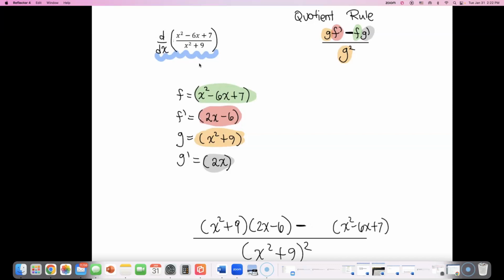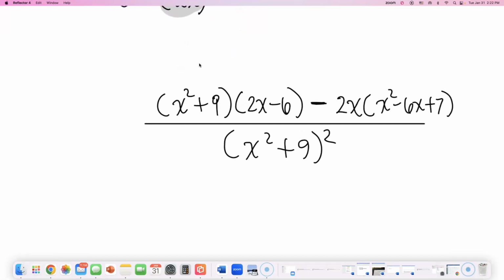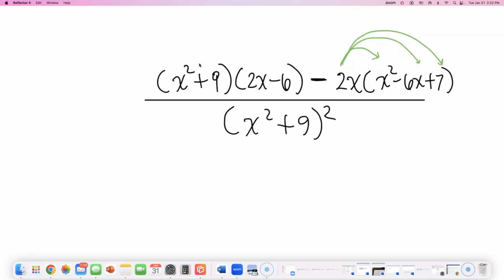I'm going to squeeze this a little bit to the side and put that 2x here. Because when you multiply f times g prime, that's the same as g prime times f, right? You can switch the order of multiplication. And the only reason I did this is because I wanted to distribute this 2x in with the negative sign in front, okay?